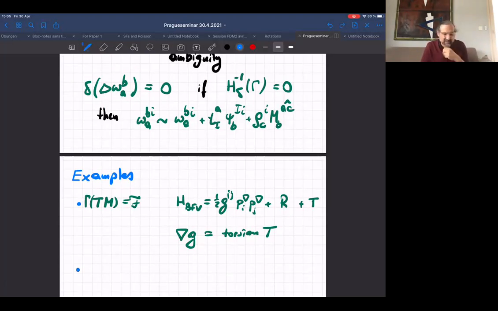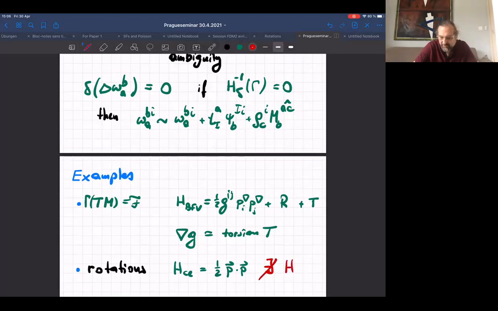And let me finally come back to the case of rotations. There the situation is that H classical, which is a half p vector, so it's a constant metric, doesn't have a BFV extension in the above sense.